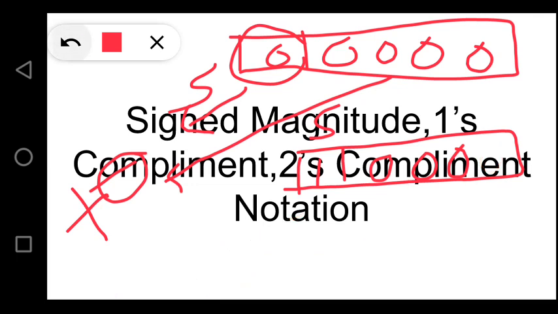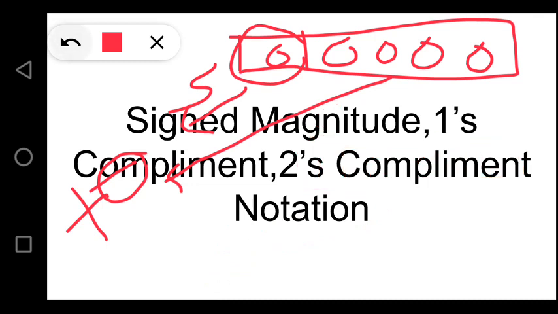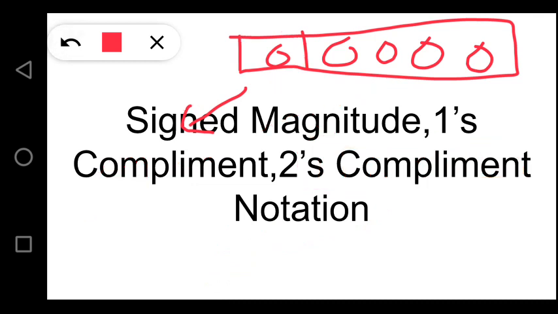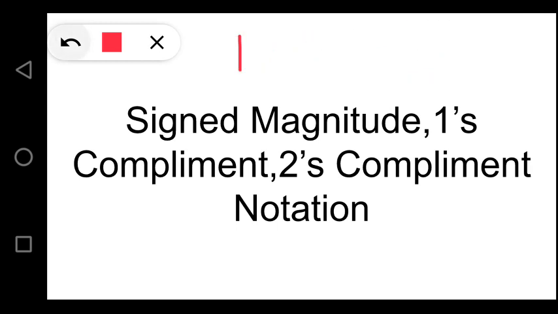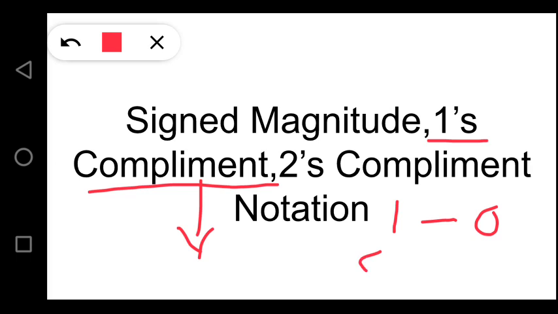So to overcome this, we have some other representations, and an example for such representation is called 1's complement notation. So the 1's complement, as the name specifies, what it says is that complement means make 1 as a 0, 0 as a 1.